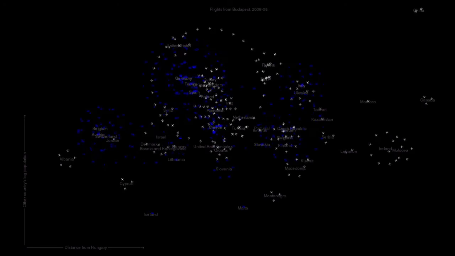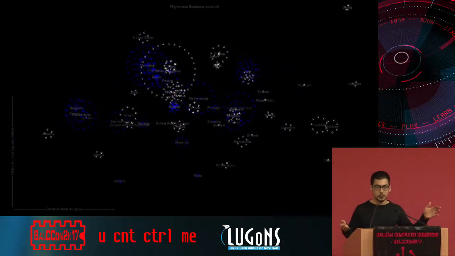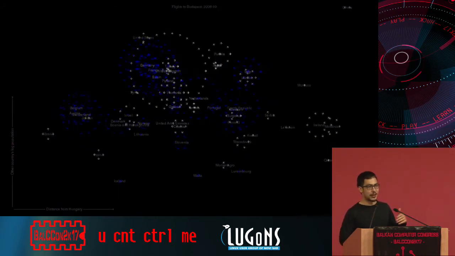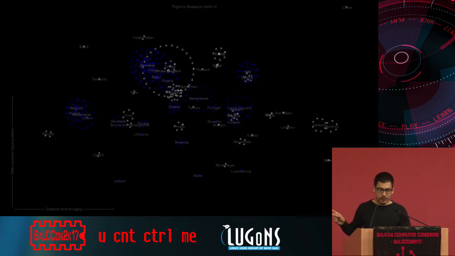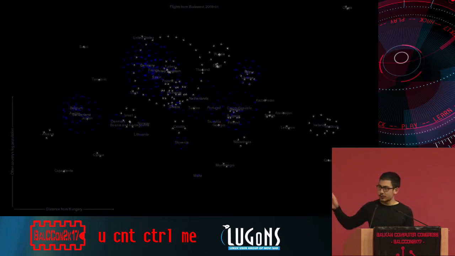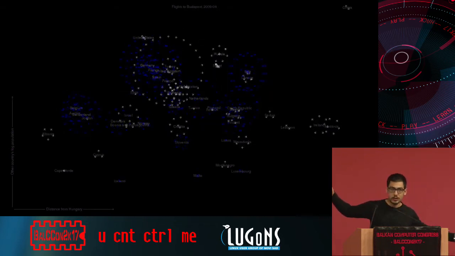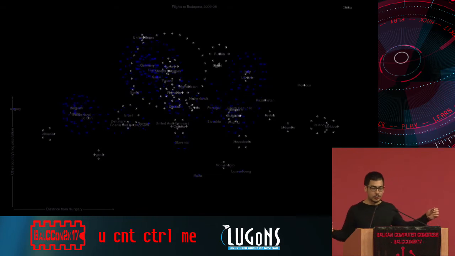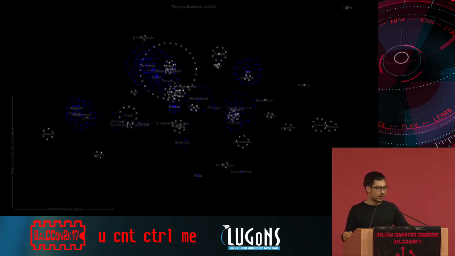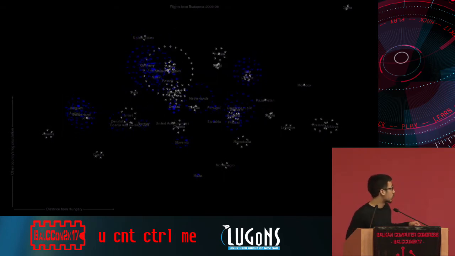It has things like whether it's a cargo flight, whether there's cargo or passengers on the flight, and the number of flights on a particular route. Different countries have different locations, a bigger circle is more flights, and the planes go in and out based on the amount of cargo they're carrying. They're also spinning back and forth, but you can't really see that here.